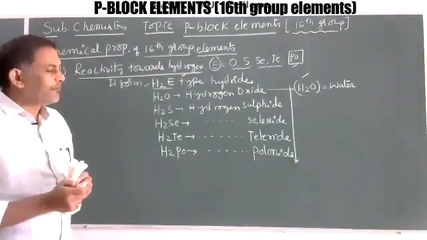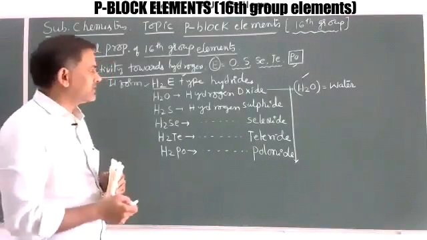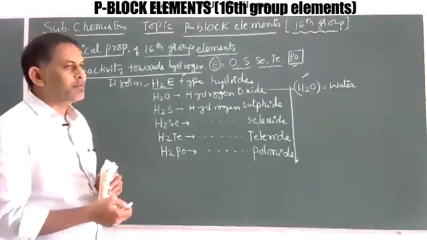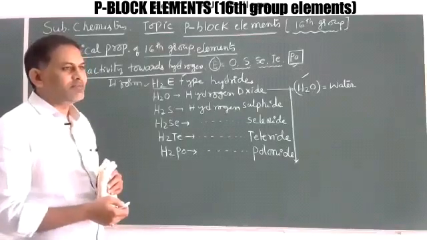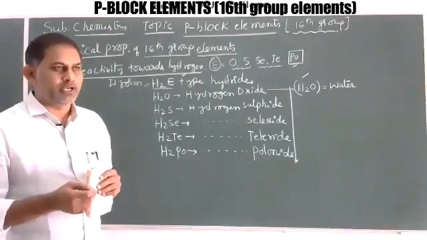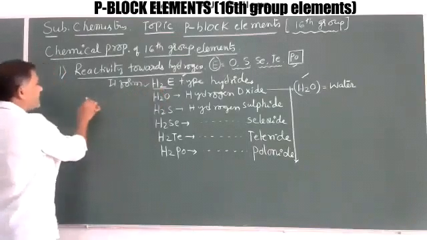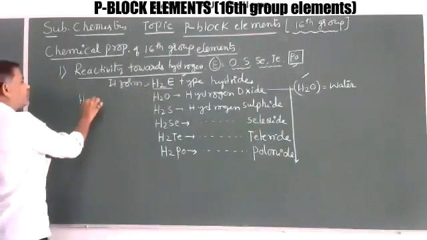Already for 15th group elements, hydrides like ammonia, phosphine, arsine, stibine, bismuthine were explained. Similarly, the first one is H2E.